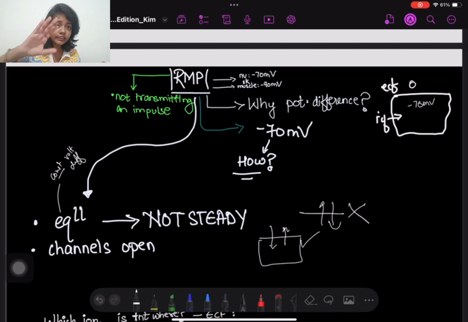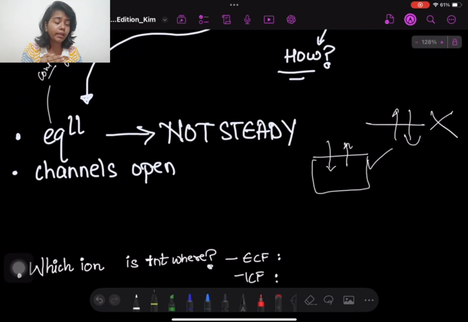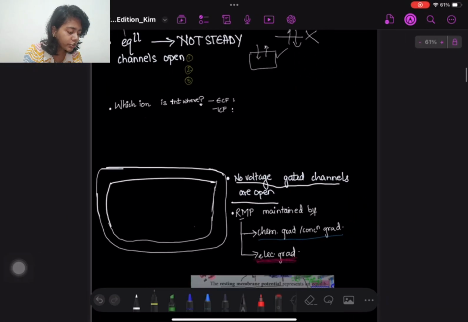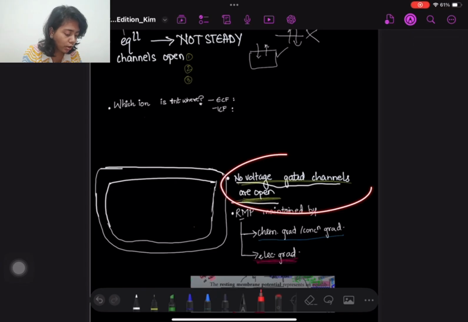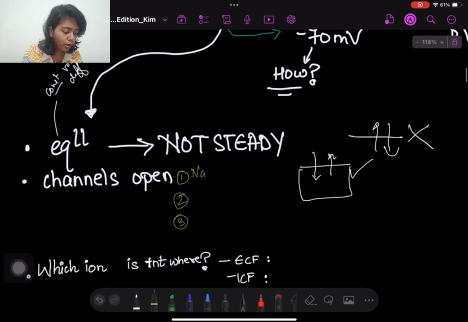Now these are some important points about which channels are open in the case of resting membrane potential, because in the case of action potential there are different channels opening. In the case of resting membrane potential you have to remember at least one thing: no voltage gated channels are open. In resting membrane potential, only sodium leaky channels would be open, potassium leaky channels would be open, and the sodium potassium ATPase pump would be active.